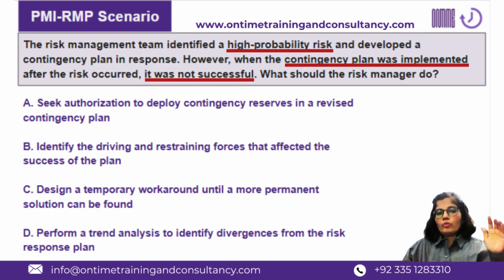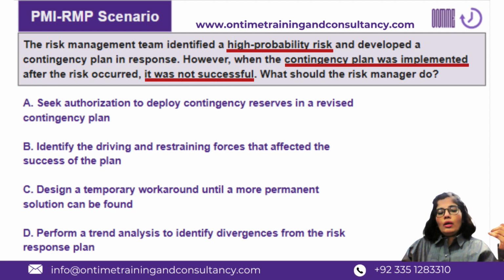Or in case of mitigate or avoid or other response plans, maybe the other way around. If the primary response plan is not working, then you go with the secondary response plan, which is also termed as fallback plan.